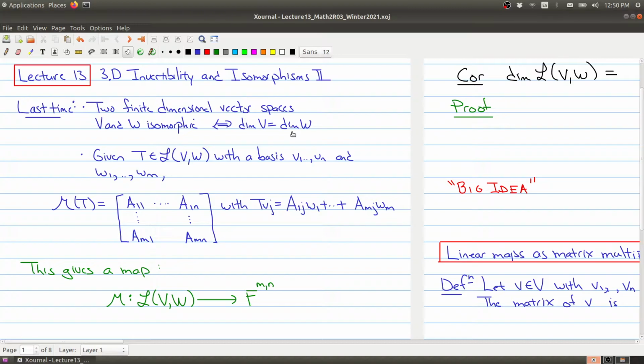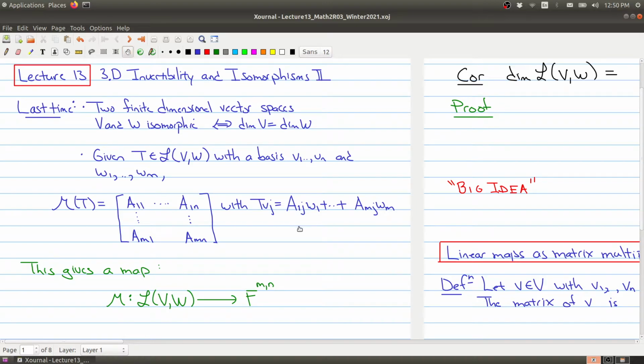And one thing that we've seen over the last two lectures is, given a linear map from V to W, and if we put a basis V1 to Vn on the vector space V, and a basis W1 to Wm on my vector space W, then there's a matrix associated to this linear map, where the jth column is given by the coefficients after you write the image of the jth basis element with respect to the basis elements of W.